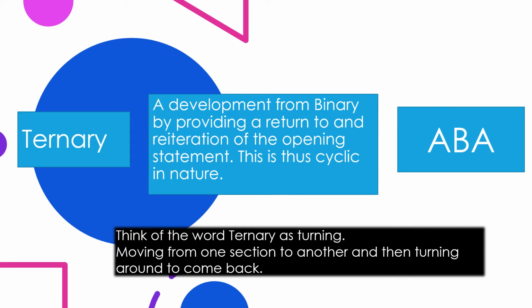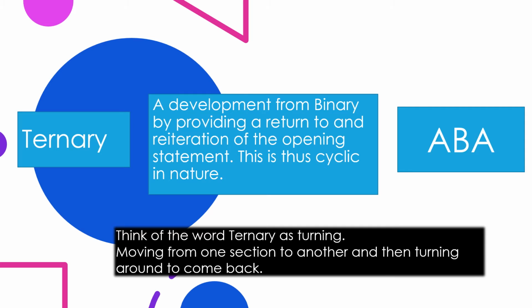So the next one is ternary. That's ABA, a development from binary by providing a return to and a reiteration of the opening statement. So we have our first section and then our section B that is a contrast, and our section A is returning to its original state.